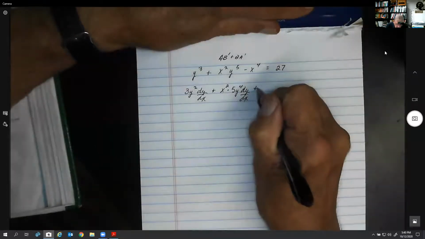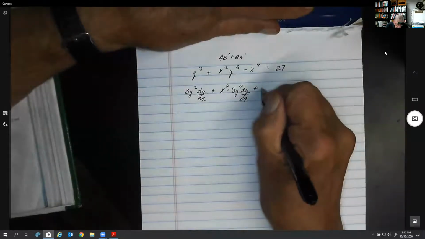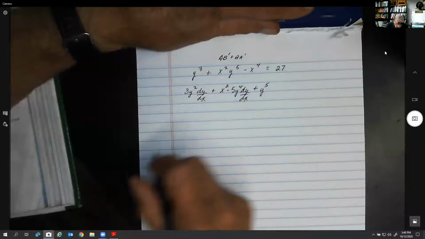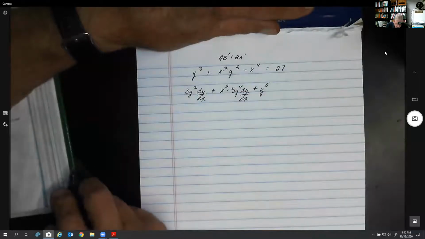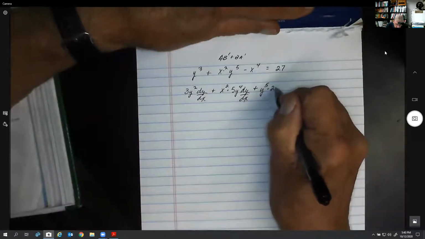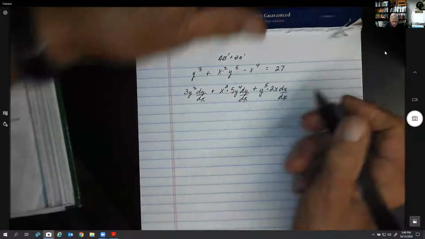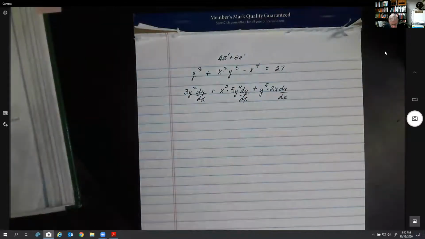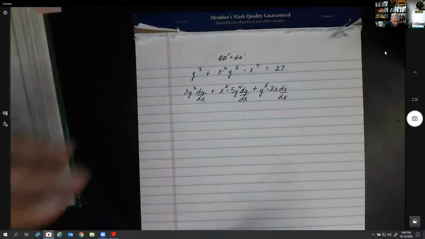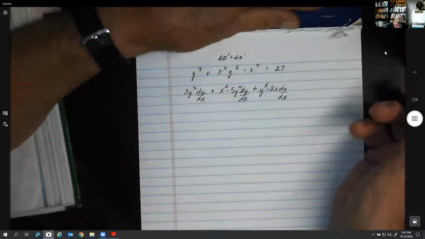Plus y to the 5th, times the derivative of the x squared, which is 2x. And then I'm going to write down dx over dx, showing I took the derivative of the x term. It's really the chain rule, but sometimes it's easier to think that way.